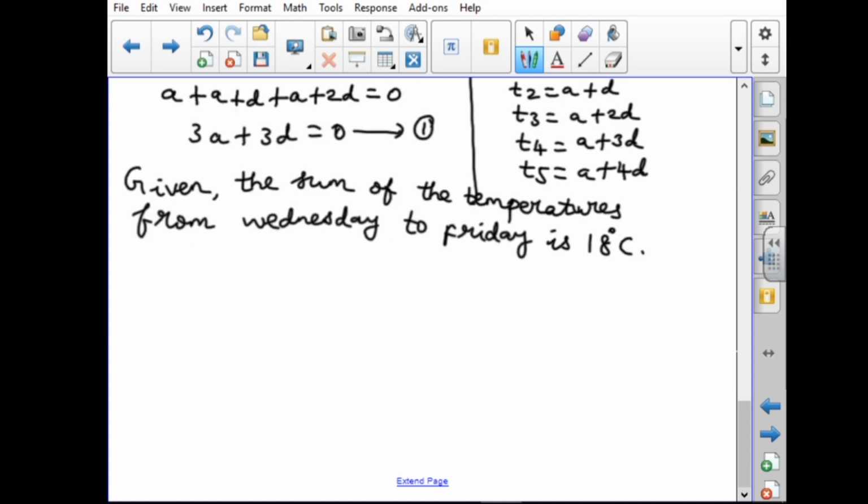We know that Wednesday is T3. So T3 plus T4 plus T5 equal to 18 degree C.